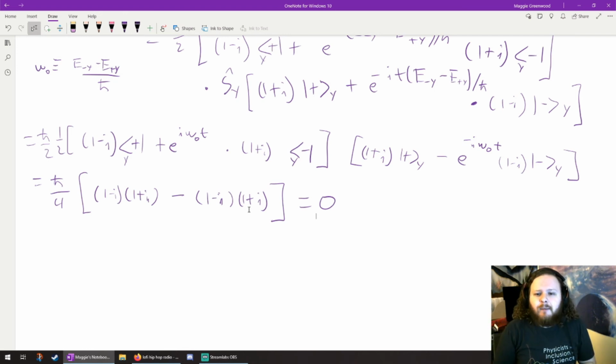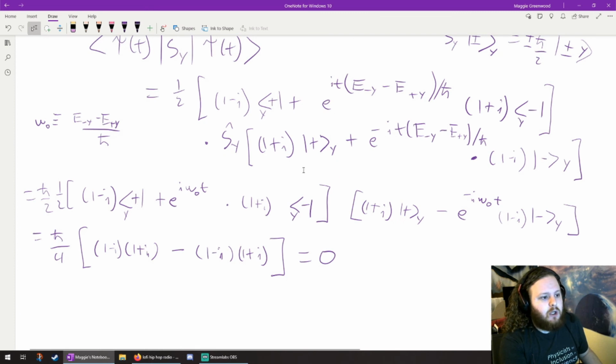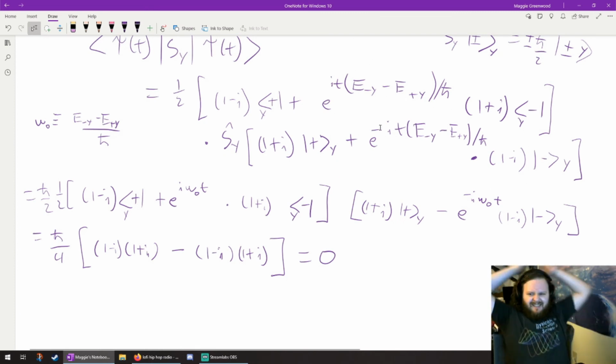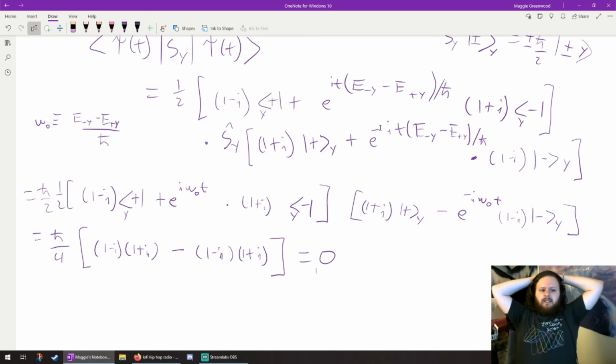So basically what's happening here is that as I proceed through time, the relative contributions of these two states, why does this happen? The coefficients stay the same magnitude in time for SY. I think that's the argument.